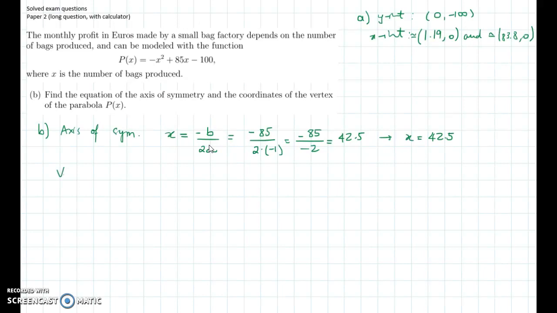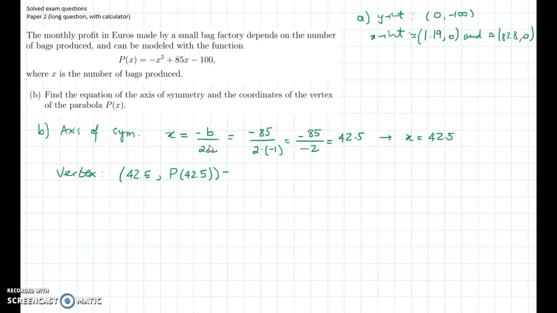Now we also want to find the coordinates of the vertex. The vertex is the point that is at the same time in the axis of symmetry and in our parabola. So it's going to have x coordinate 42.5 because that's the x coordinate of all the points in the axis of symmetry, and the y coordinate is going to be the result of evaluating the function at 42.5.